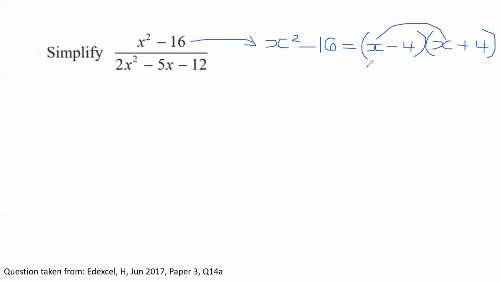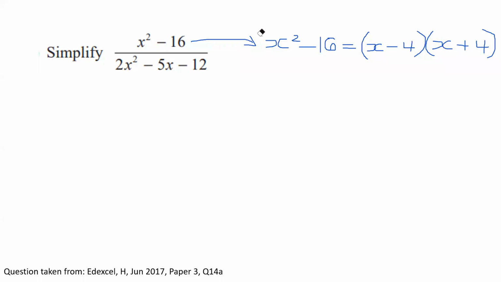If we multiply this out, we've got x squared minus 4x plus 4x minus 16. As you can see, we've got minus 4x plus 4x. Those two are going to cancel out to leave 0x. So we've got x squared minus 16, which is of course what we were hoping to get. Good, okay. So that's the numerator dealt with.